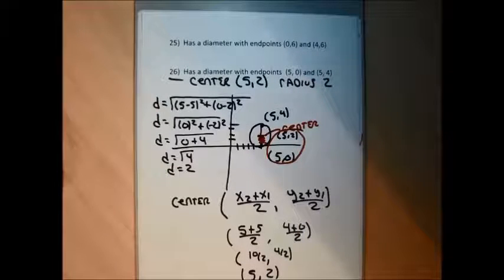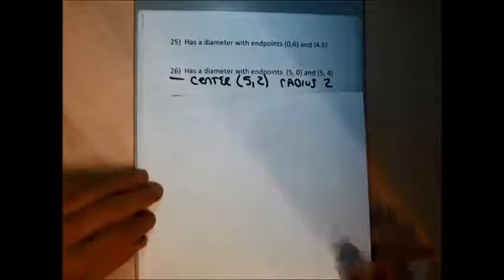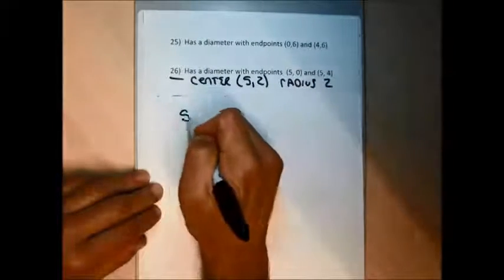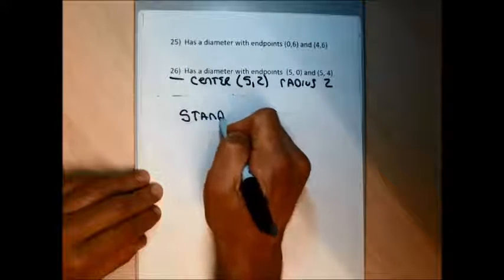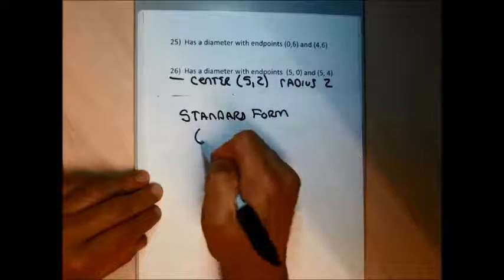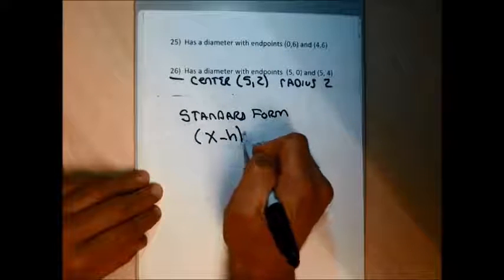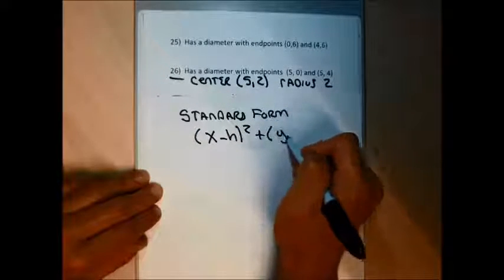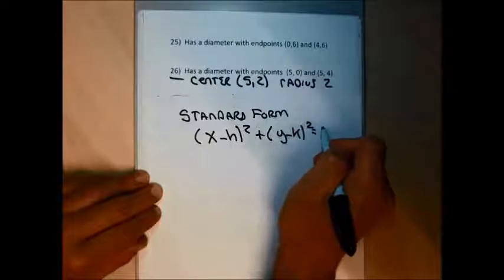Now I have everything I need to get the answer for problem 26. I have the center, and I have the radius, and the answer is the standard form, which is what I'm asked to do. To find the standard form, I use the equation (x − h)² + (y − k)² = r².